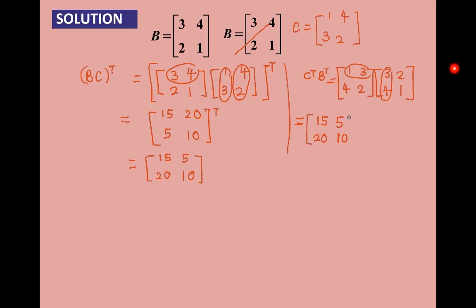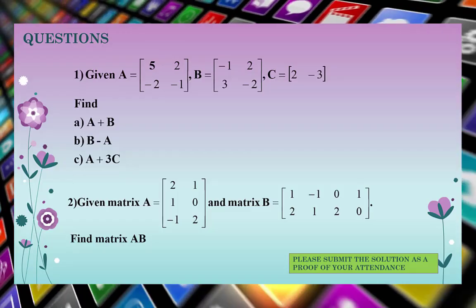Okay, so the answer is [15, 5; 20, 10]. Do you notice that we get the same answer? Okay, so what is our conclusion? (BC) transpose is the same as C transpose times B transpose. So we managed to prove the second property.